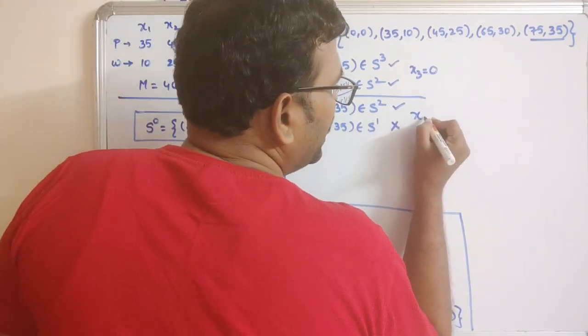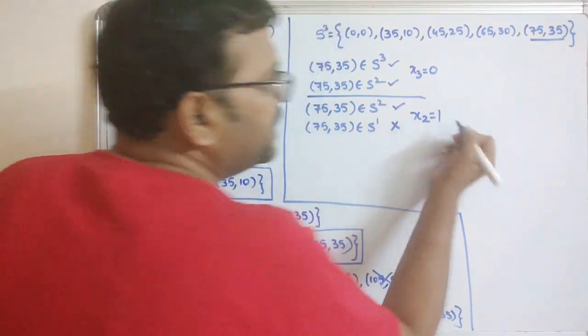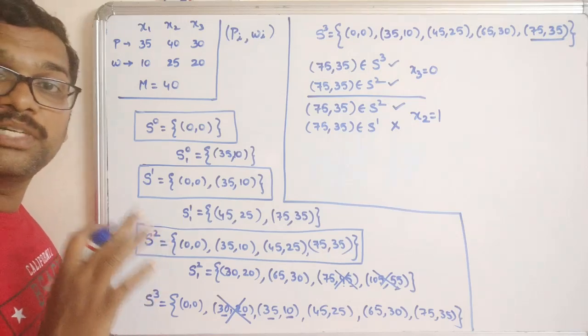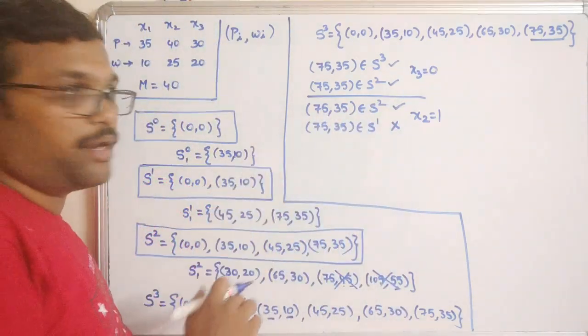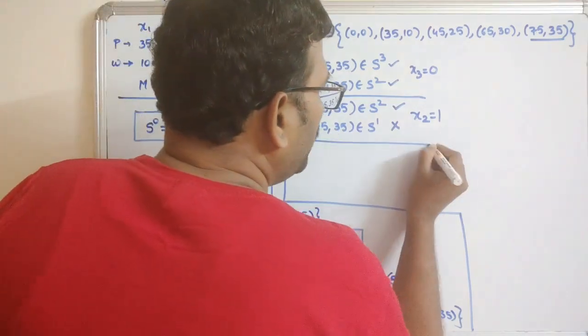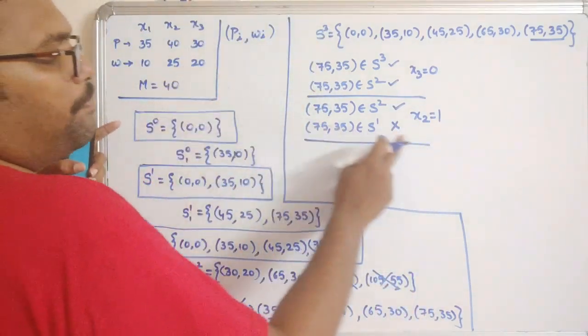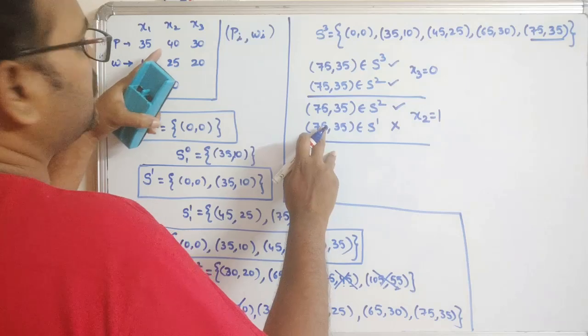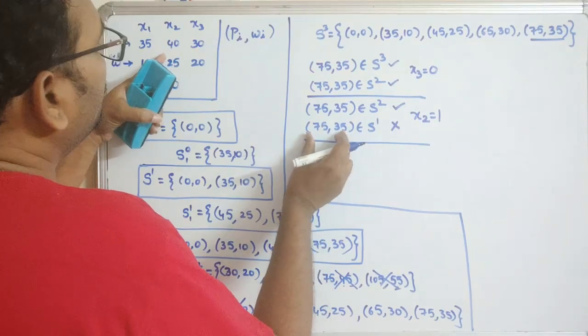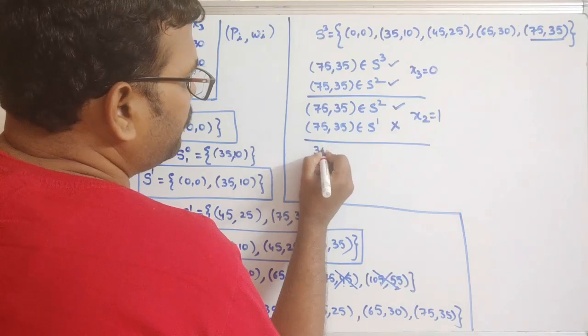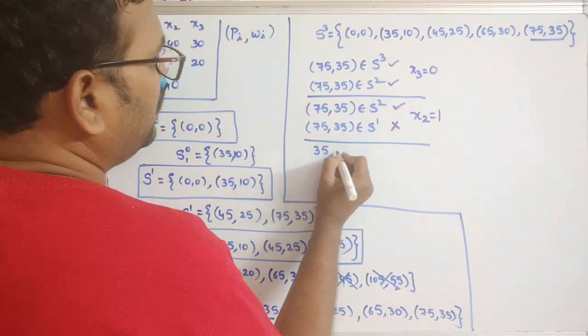Obviously we can say X2 should be inserted. X2 must be inserted because in S2 it is there, in S1 it is not there. Now what happens? We have to remove the second object, second object profit and weight with this one. So 40, that means a 35, 10.